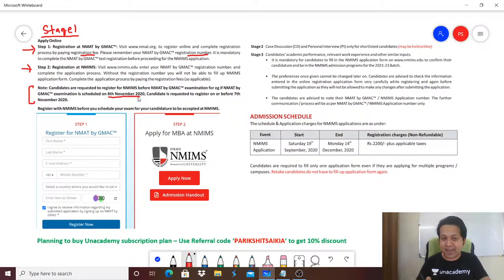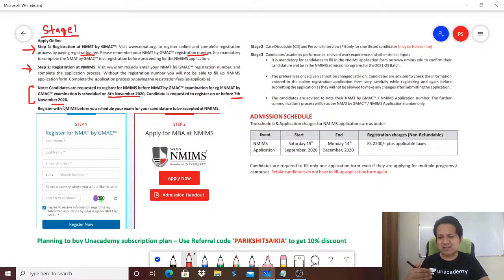You need to apply on or before 7th of November. So it means if my date of examination is 8th of November, you need to apply to the college separately before 8th of November. In case you don't do that, you will not be considered for a GDPI in that specific college. So you cannot apply after you have written the exam.